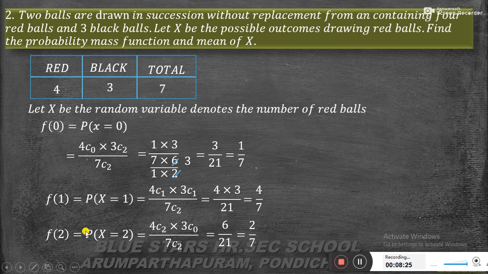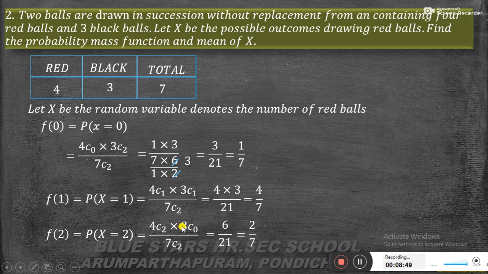F of 2 means the probability of x equal to 2, meaning 2 red balls taken.